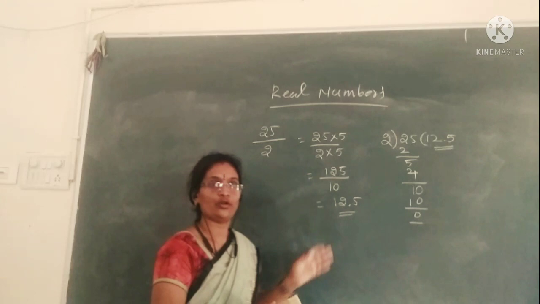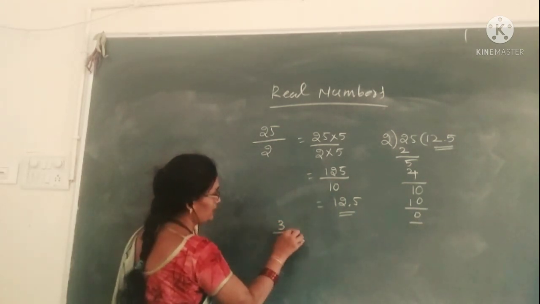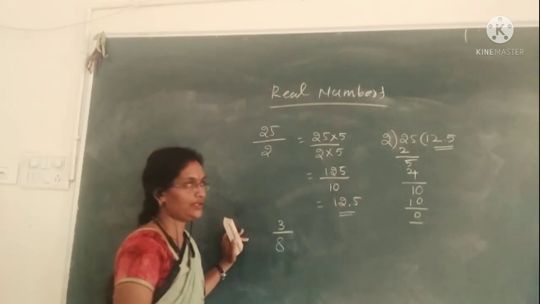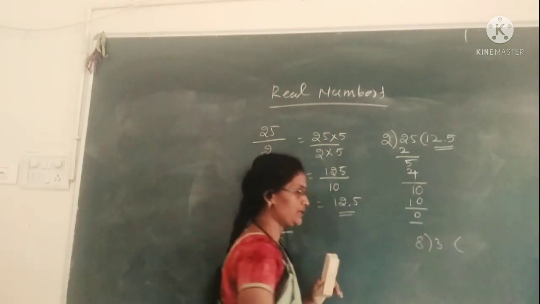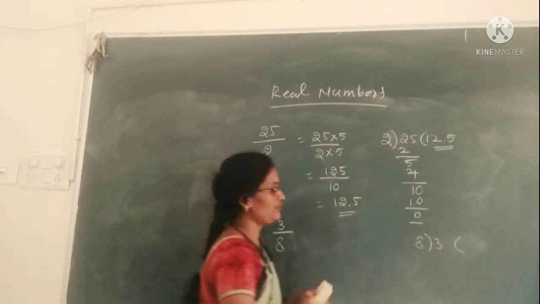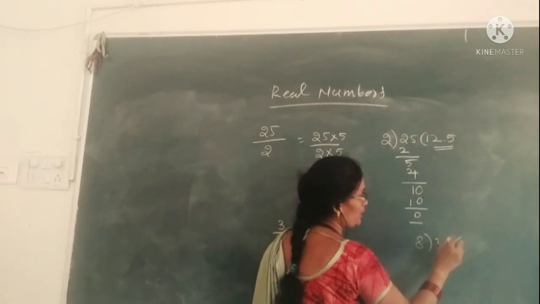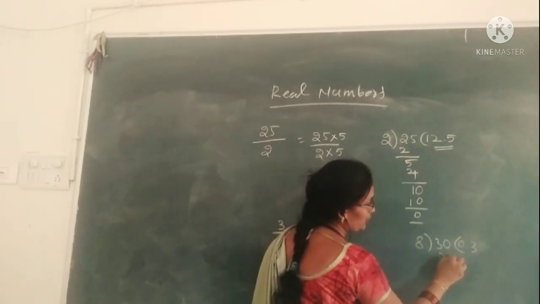Then let's take another example, 3 by 8. Here the numerator is 3 and the denominator is 8. We divide by 8 and put 0.0. 8 threes are 24.